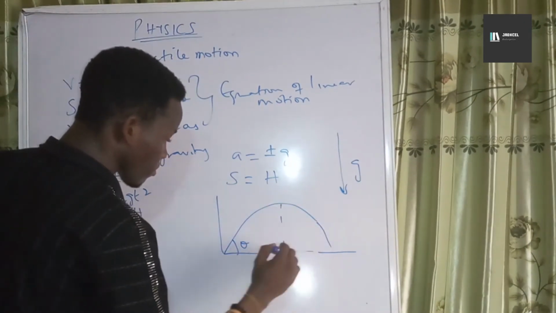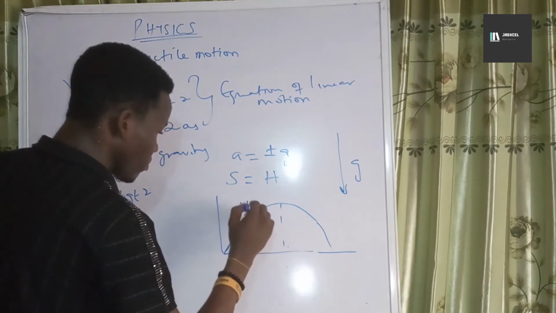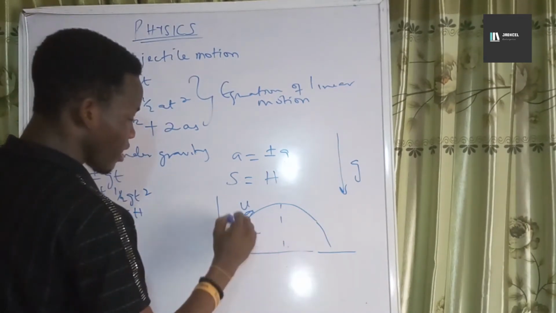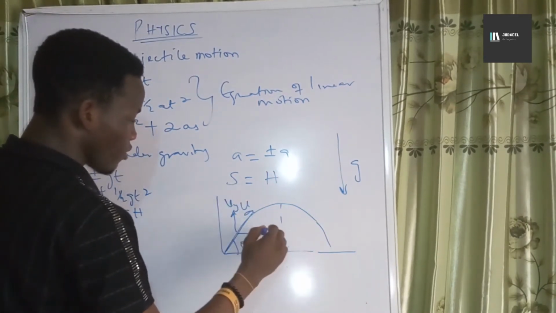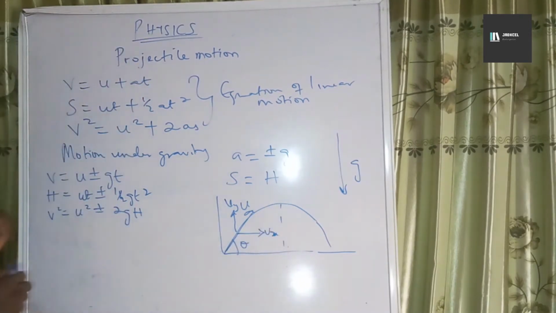U, and at every point it has both vertical and horizontal components here. Now, if I'm to consider this particular diagram motion and I want to get my formulas using this angle, we need to look at it.